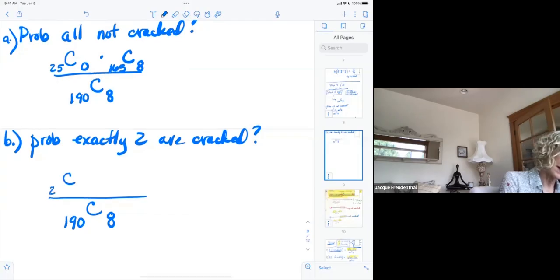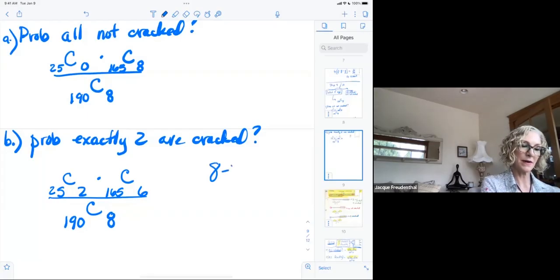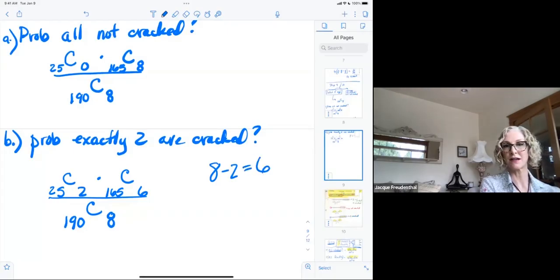So out of the 25 cracked, I only want 2 of them. Out of the 165 that are not cracked, how many are left? So if 2 are cracked and I'm choosing 8, 6 of them are not cracked. So that 6 comes from the 8 that I want minus the 2 that are cracked, gives me the 6 that are not cracked.